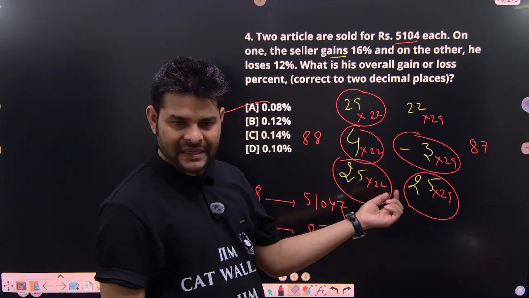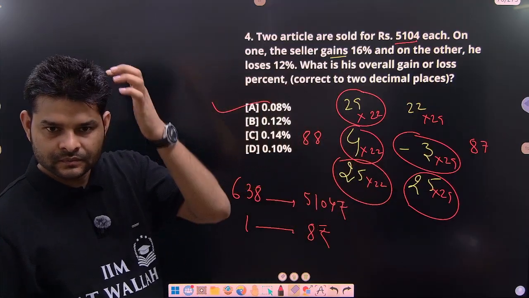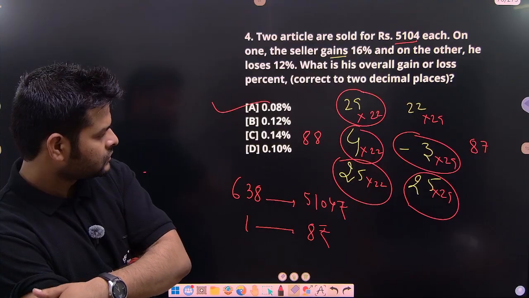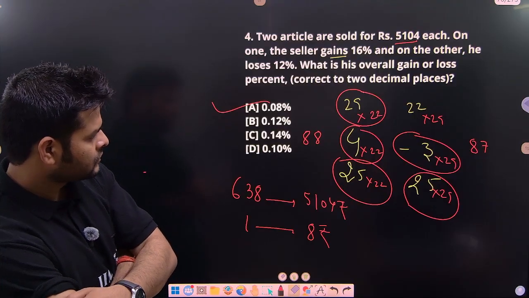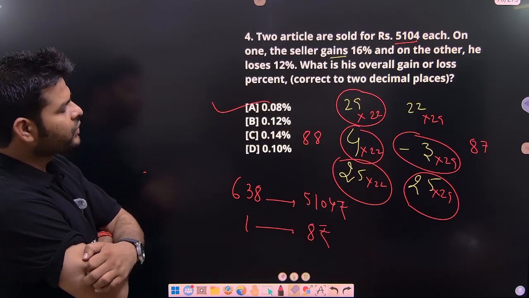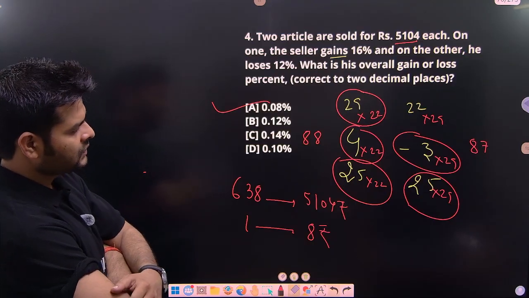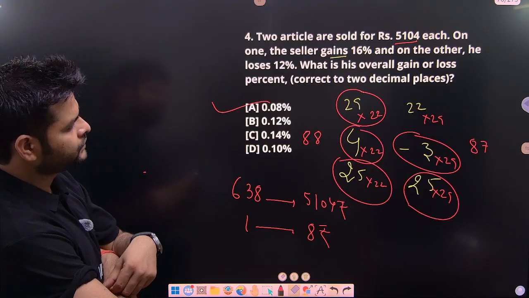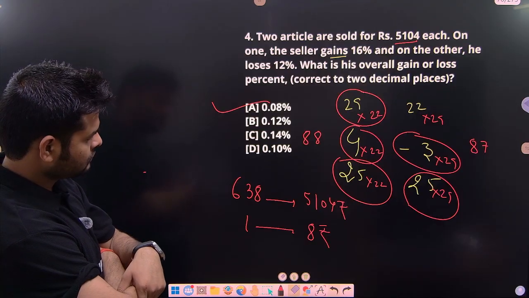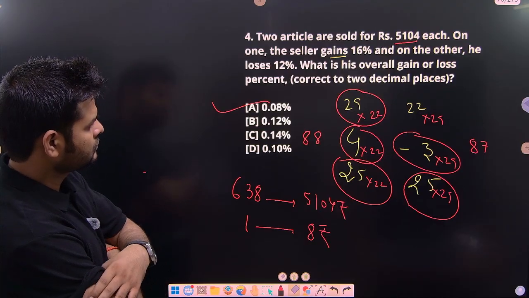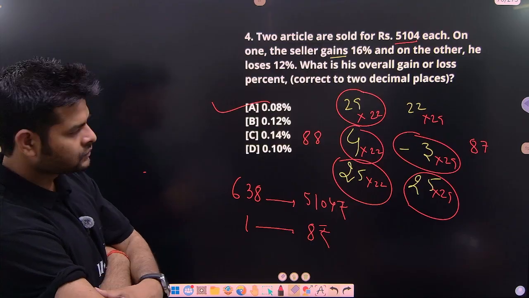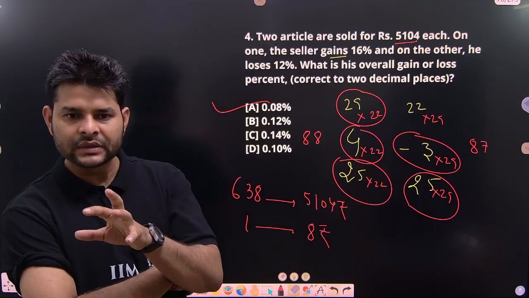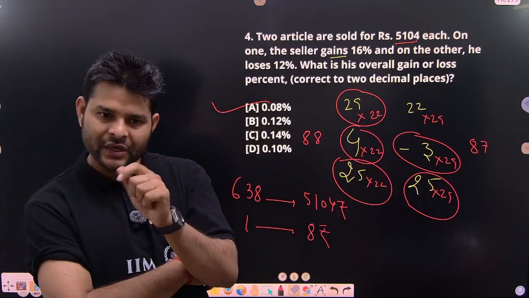This CP and this CP need to be added. Overall loss and profit is going to be calculated on CP. So both the CPs need to be added.